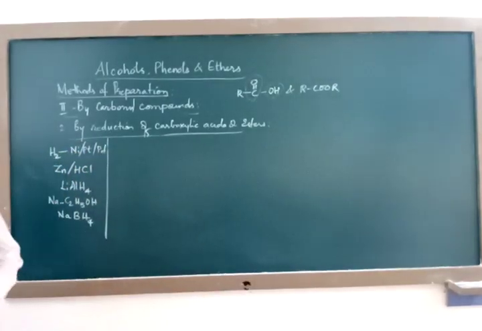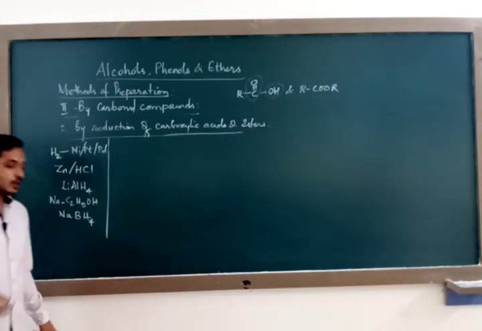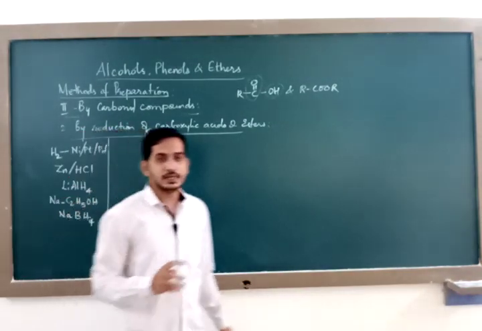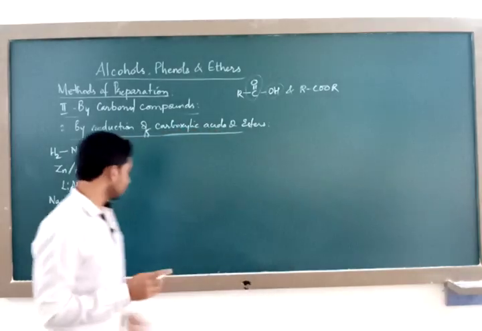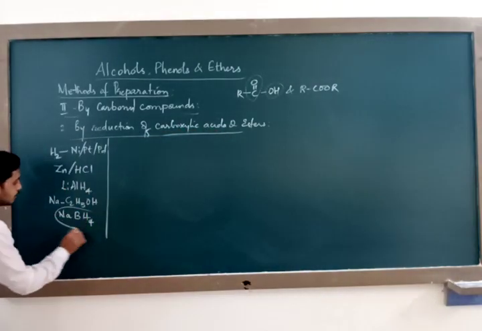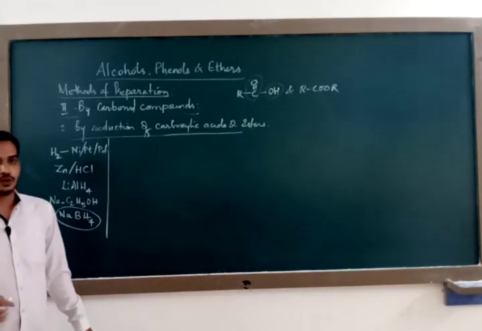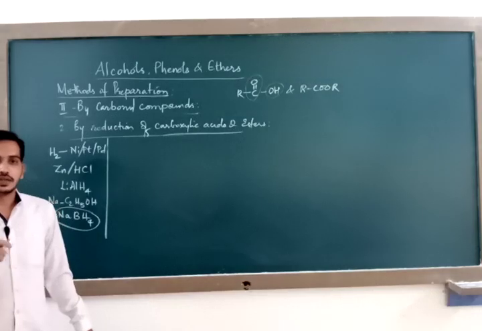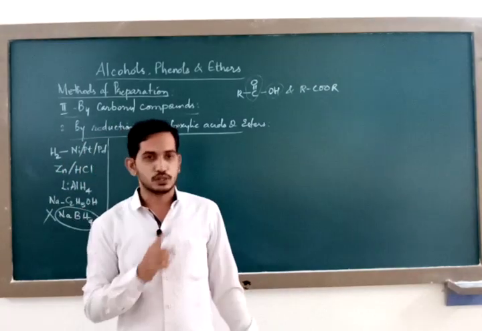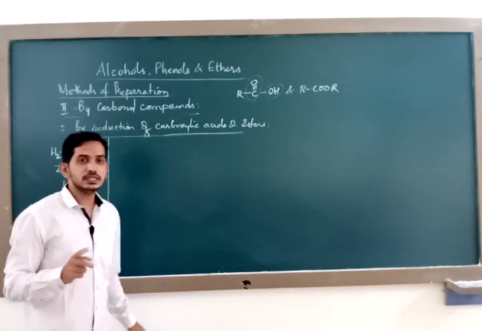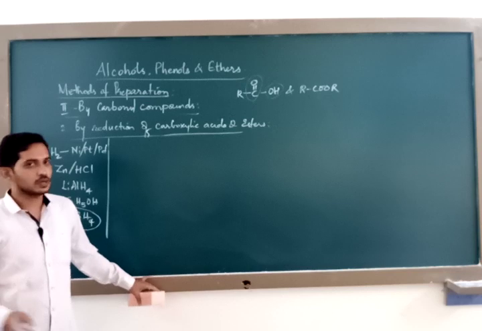It also follows the same reactions as aldehydes and ketones. For reduction of carboxylic acids and esters, you need again the same set of reducing agents, except sodium borohydride. Sodium borohydride cannot reduce the carboxyl group, so never use sodium borohydride to reduce a carboxyl group. It is a very selective reagent which reduces only aldehydes and ketones and not the carboxyl group.